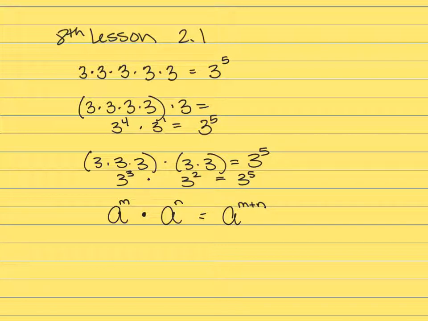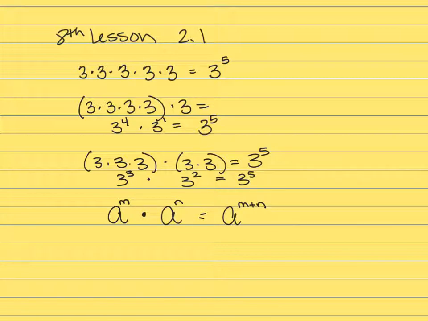So if you're doing a product of a base with different powers put together, to simplify it, you can just add these two exponents together. So that's a shortcut that you'll find useful in the next level of math.